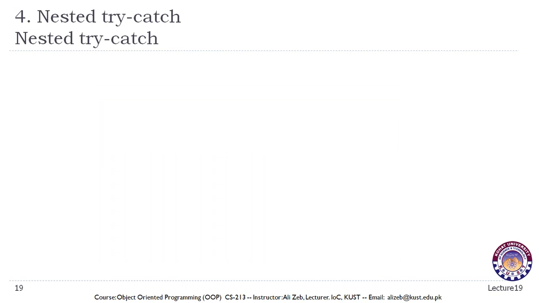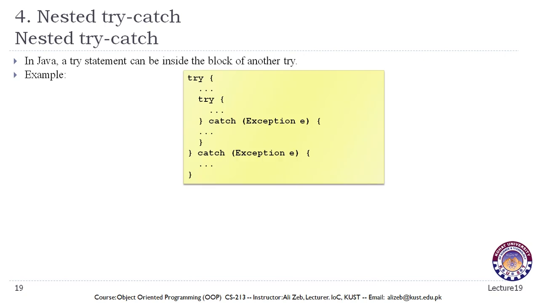The nested try catch block. In Java, a try statement can be inside the block of another try. For example, we have a try block, then we can write another try catch block inside this try block. This is the inner try catch block, and this is the outer try catch block.